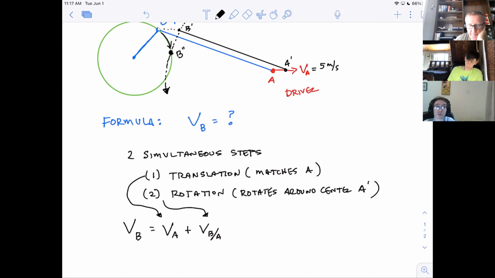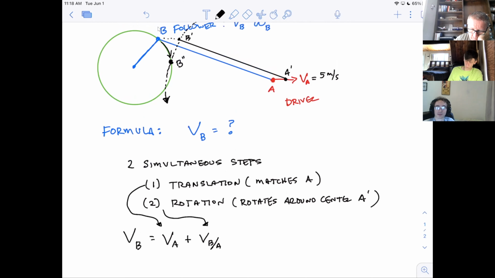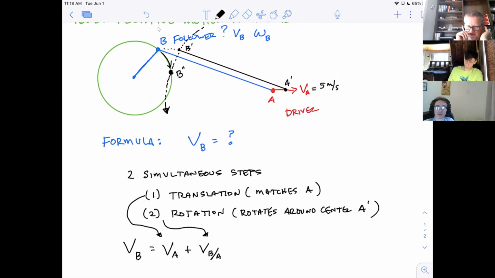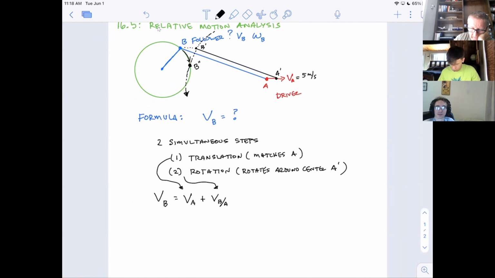That is the rotation, because it actually is rotating in a circular fashion around that. Now, this is really our key formula.